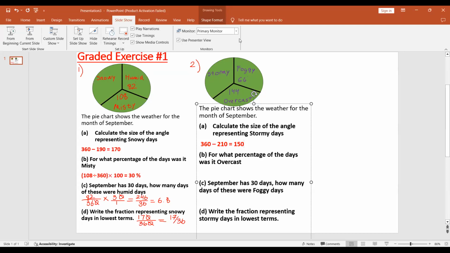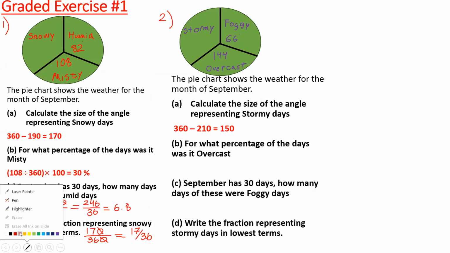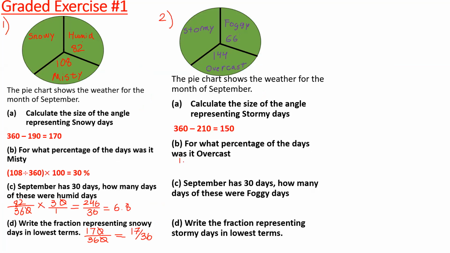I got 40%. Okay, can someone explain how we got 40? 144 over 360 times 100 over 1. Very good. 144 over what? 360.